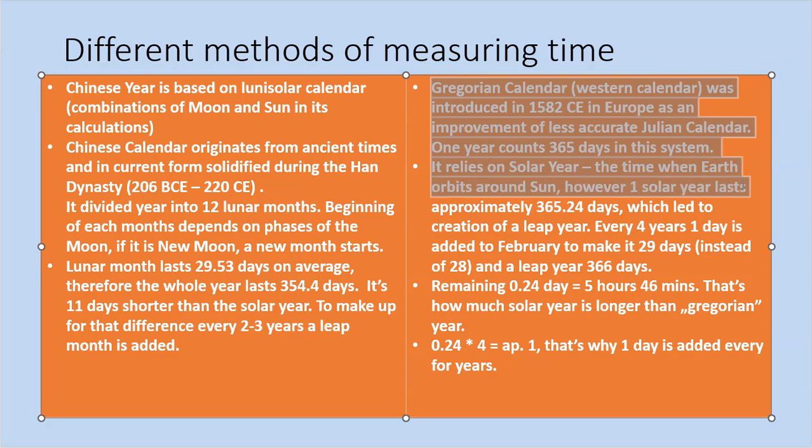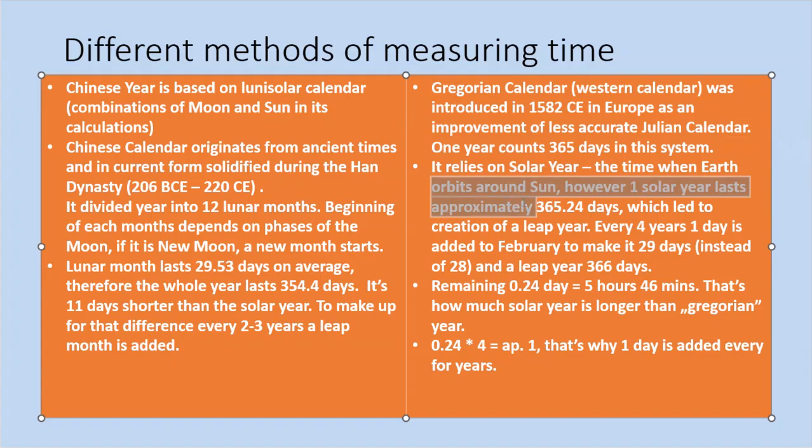It relies on solar year, the time when Earth orbits around Sun. However, one solar year lasts approximately 365.24 days, which led to the creation of a leap year. Solar year is slightly longer, 0.24 day longer.